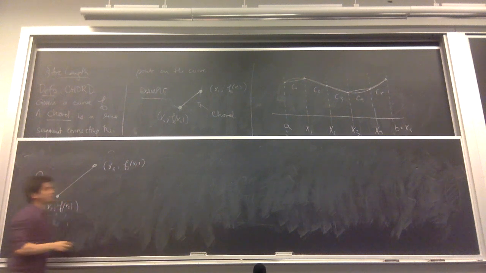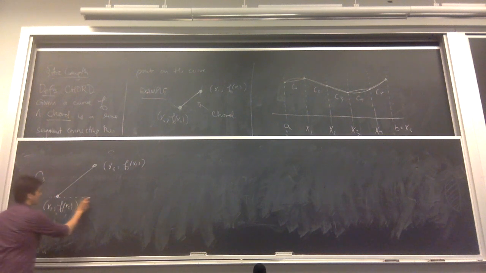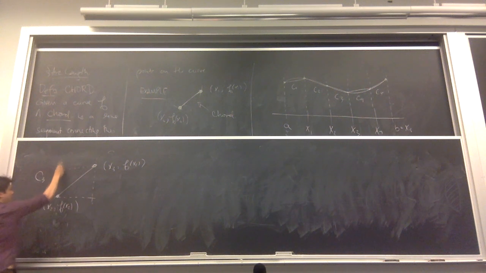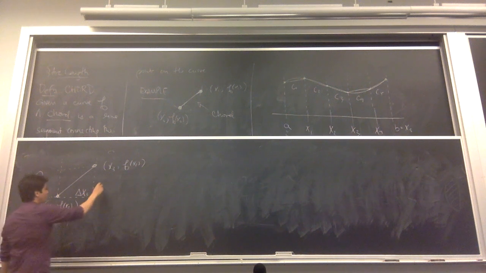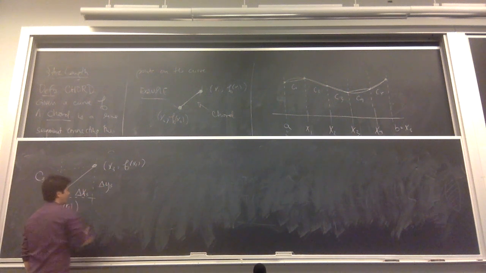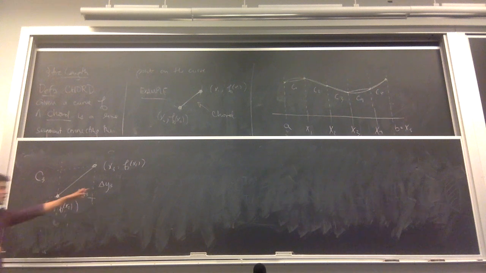Now, we can give some sort of clever labels here to make everything a lot easier to write. So we have a change in X for the third chord, and we have a change in Y for the third chord. The change in Y for the third chord is this minus this. The change in X is that minus that.